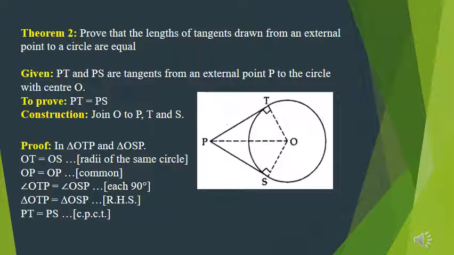So by the right angle, hypotenuse and side congruency test, we can observe that triangle OTP and triangle OSP are congruent. Using this, we can say PT is equal to PS by corresponding parts of congruent triangles.